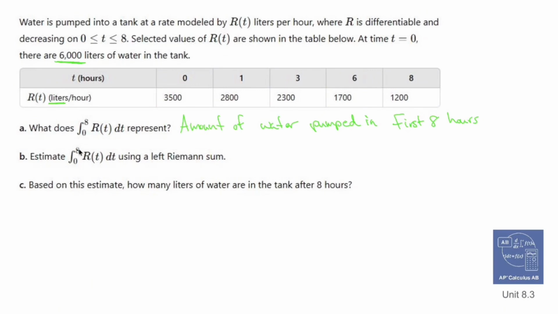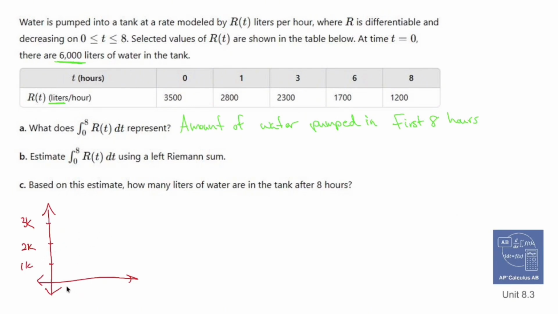Estimate the integral from 0 to 8 using left Riemann sums. Since I'm not given a formula, I'm going to have to use left Riemann sums. And so that's going to be me kind of drawing out a particular picture. Now let me draw that picture out right here. All right, so let's just say that we have 1K, 2K, 3K.